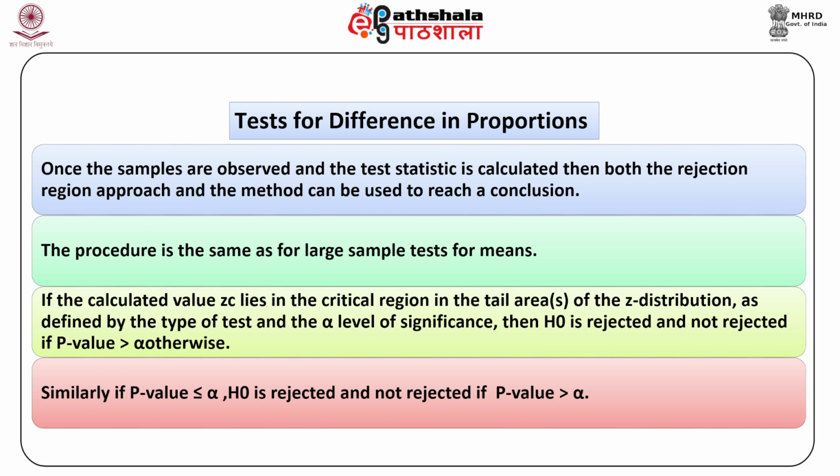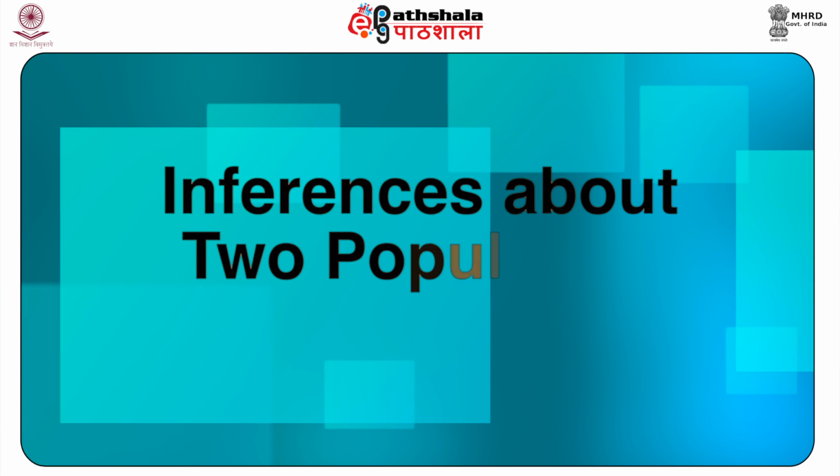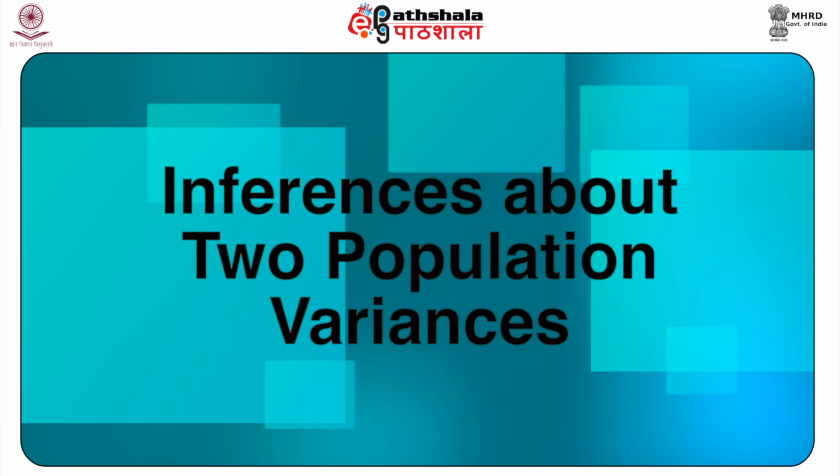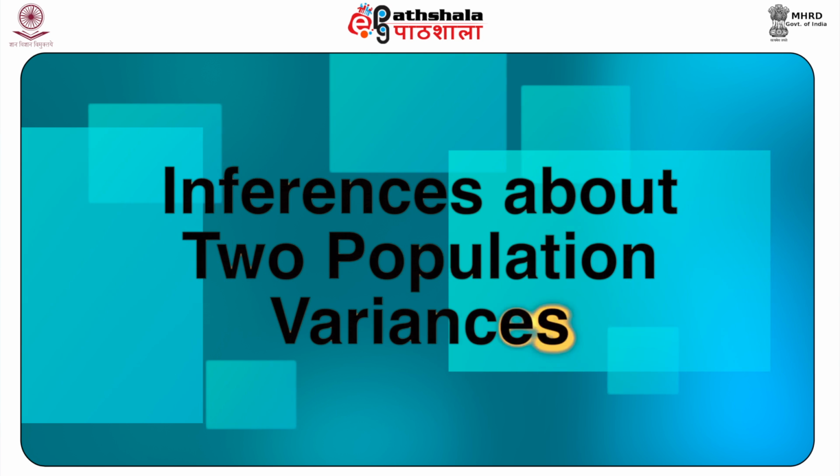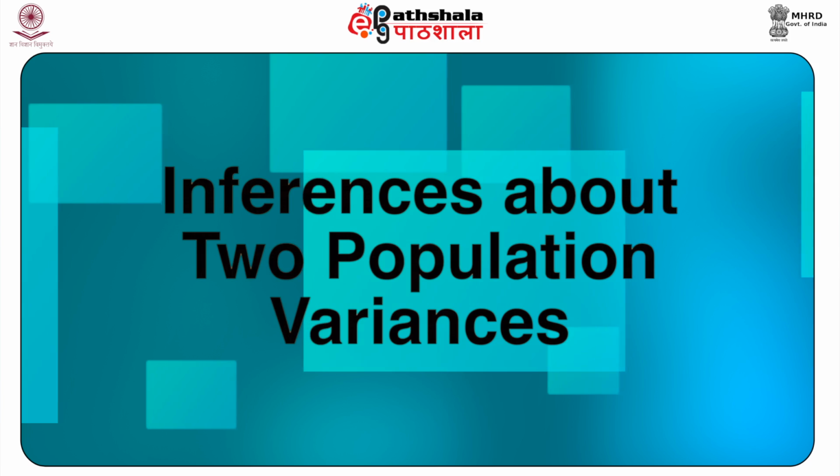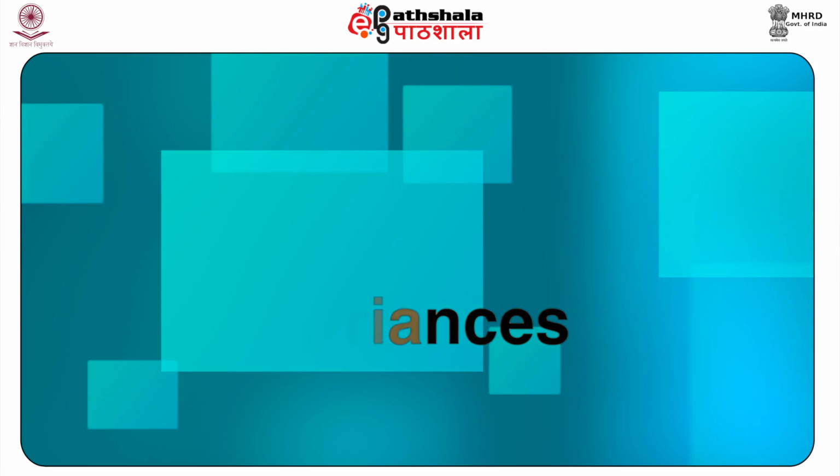Similarly, if p-value is less than or equal to alpha, H0 is rejected and not rejected if p-value is greater than alpha. Let us now move on and try to understand about the inferences about two population variances.